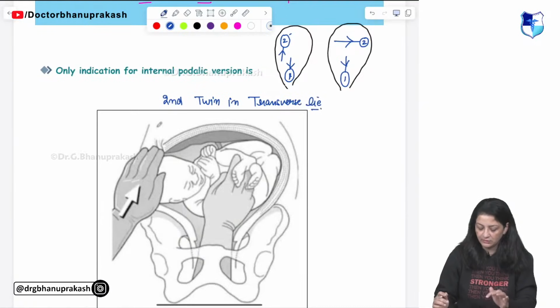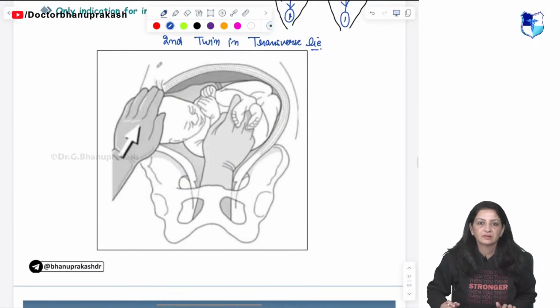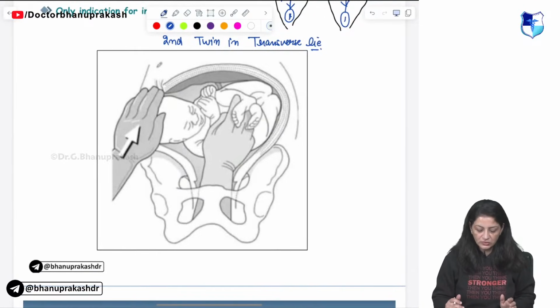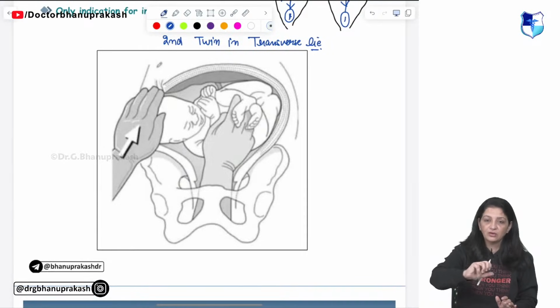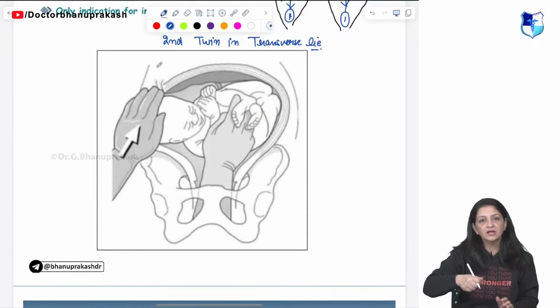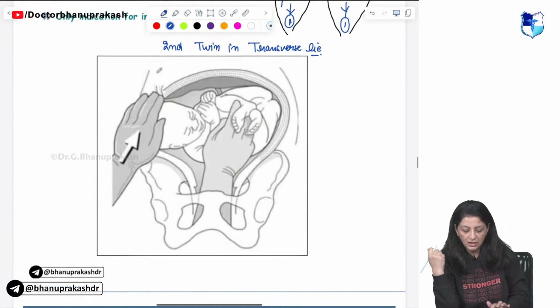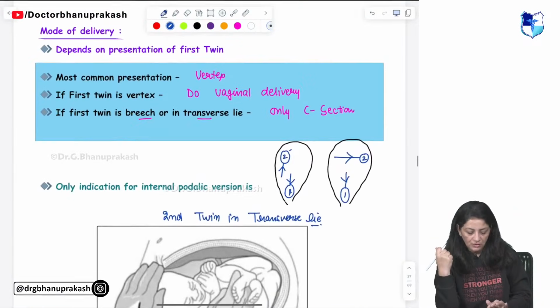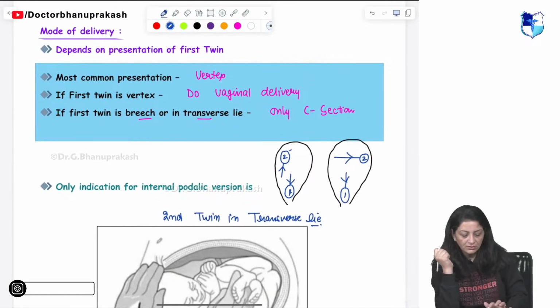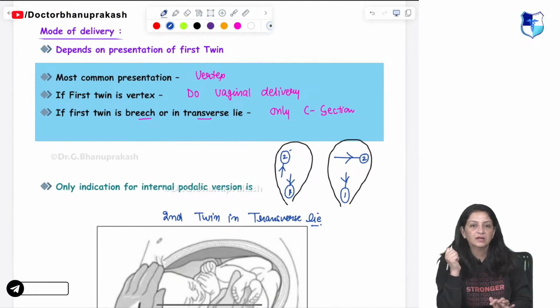Very, very important. Look at this image. After delivery of the first twin, internal podalic version. बेबी के पैरों को पकड़ो, ब्रीच में लेके आओ और निकाल लो. Internal podalic version. So this is all about management in case of twin pregnancy.